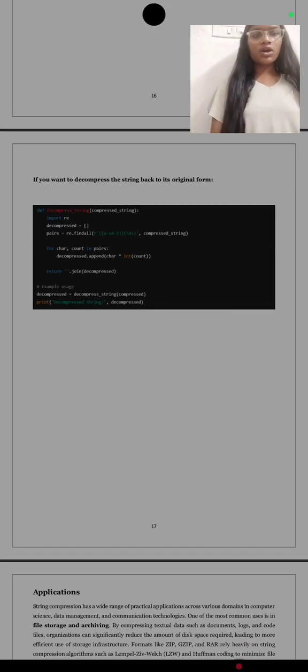If you want to decompress the string back into its original form, you again use this, you give the decompressed string and compressed string, and then it will expand it back according to the counts.